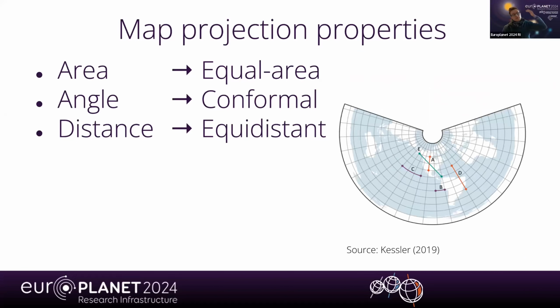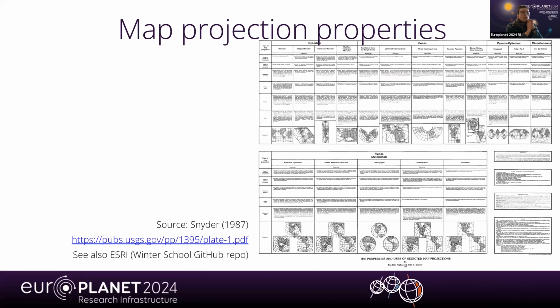The point is that you have to look up and see what is more suitable for your needs. The good thing is that there are some resources, and if you have time, I will go through them with you. So you are not alone in that, but obviously it's something that you have to think about when you're choosing a projection, or when someone is giving you data in a certain projection, whether this is suitable for the work you want to do or not.